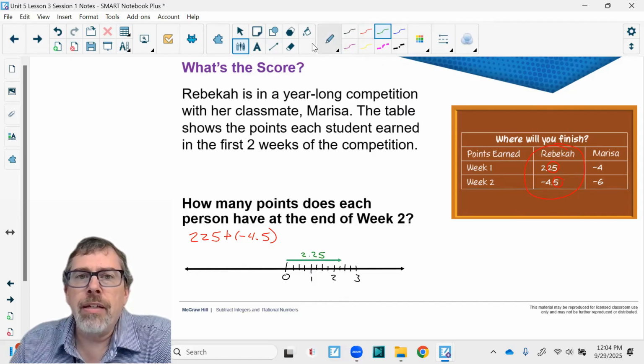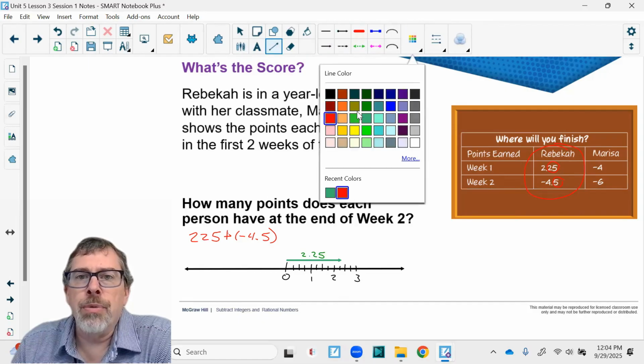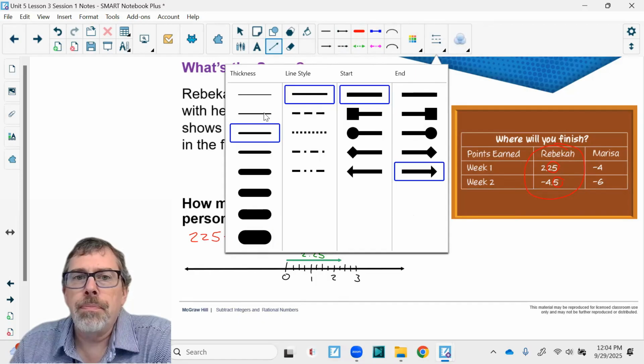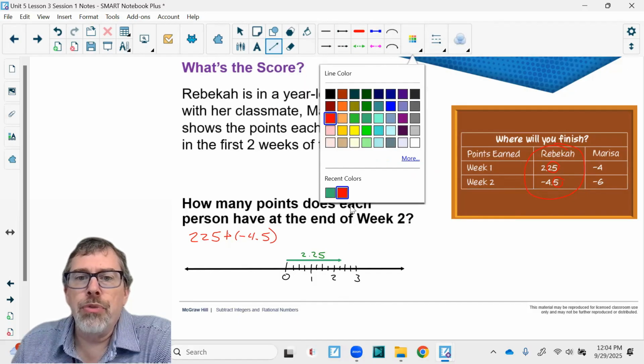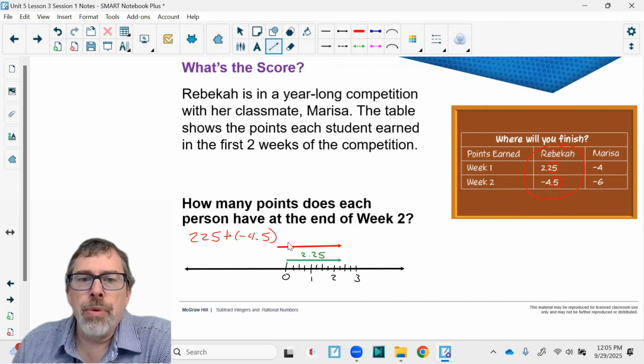Okay, her second week, she went the other direction. She was negative. Okay, so we're going to start at 2.25, which is right here, and we're going to go the other way.